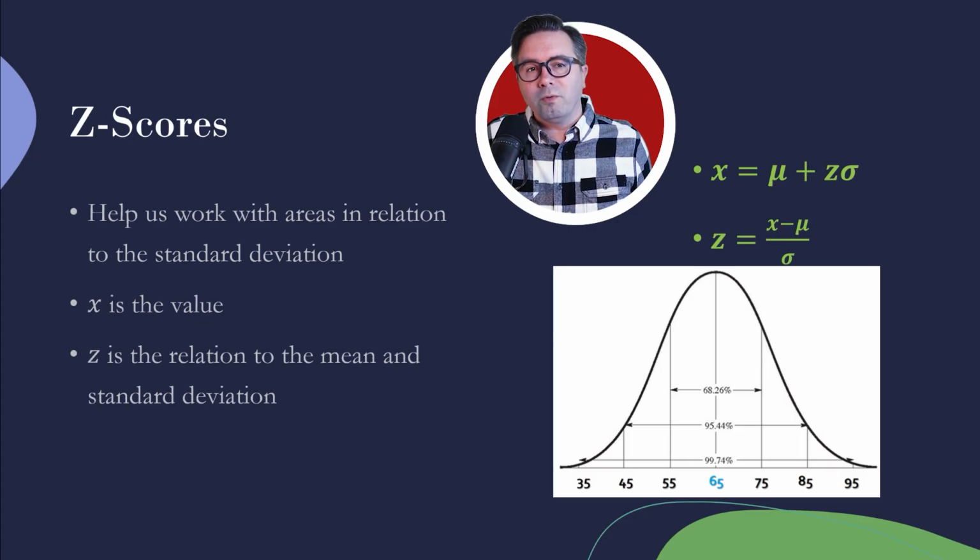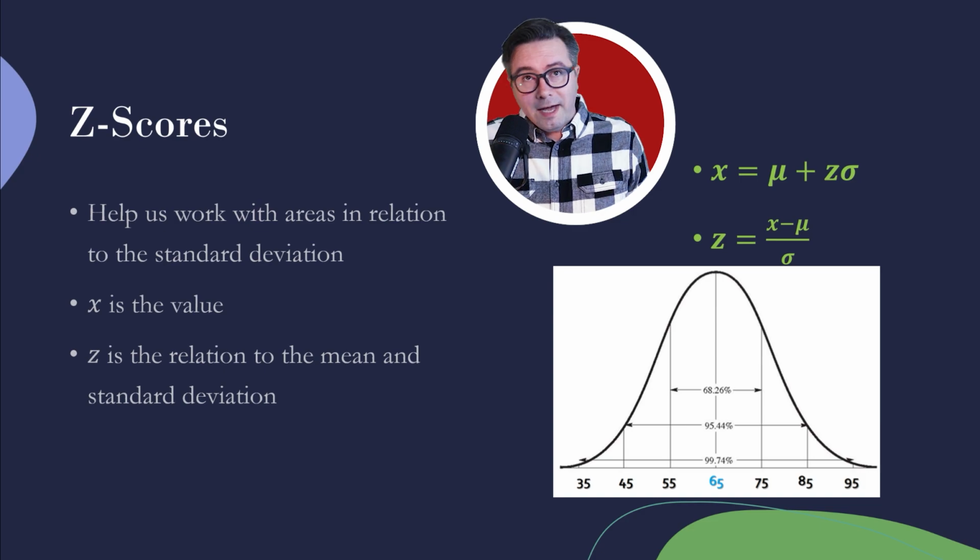So the z-score helps us work with areas. The way that I like to think about it is z is the number of standard deviations away from the population mean in the normal distribution. So far we've been using z's of 0, 1, 2, and 3, or also -1, -2, and -3, but there are other values that we could use.